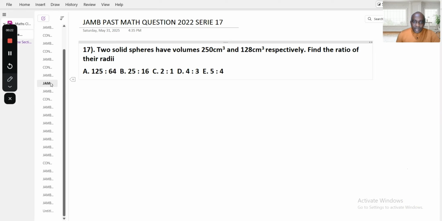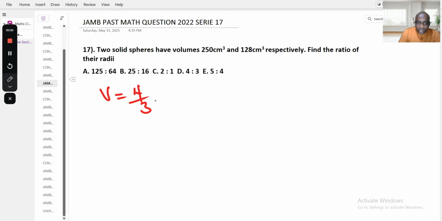Two solid spheres have volume of 250 centimeter and 128 respectively. Find the ratio of their radii. Now, what is the volume of the sphere? The volume of the sphere is 4/3 pi r raised power 3.